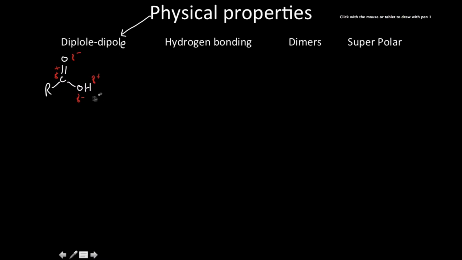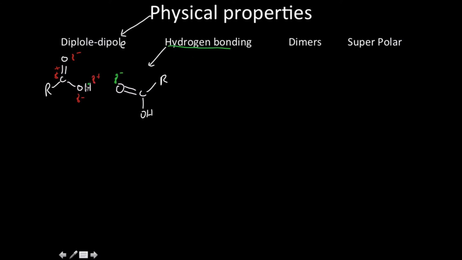I hope you can see, just by seeing that OH group, that this totally has the potential for hydrogen bonding. So let's say I have another carboxylic acid adjacent to that, and there's my R group. It doesn't really matter where I position these things. And there's an OH group. Because it's hydrogen bonding, I'm going to change the colors and draw that in green.